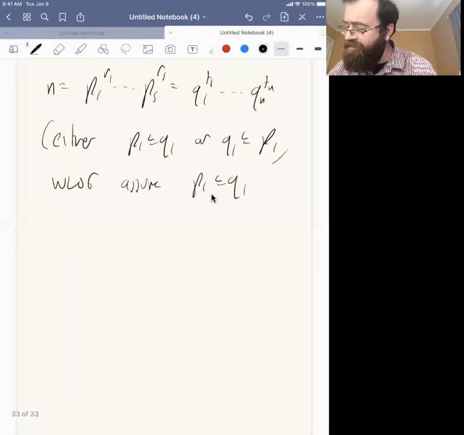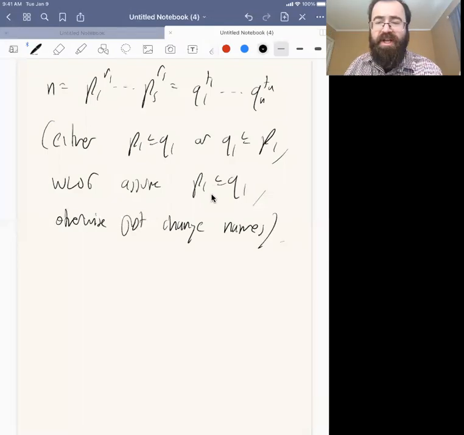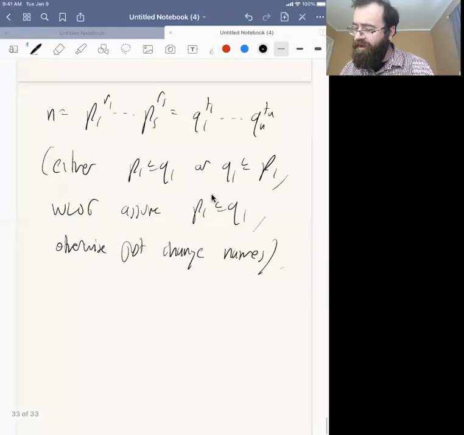Otherwise, just change the names in the following. If I had the opposite inequality, I would just rename the p's with the q's, and I would make it this inequality. Okay, so we have p1 is less than or equal to q1.